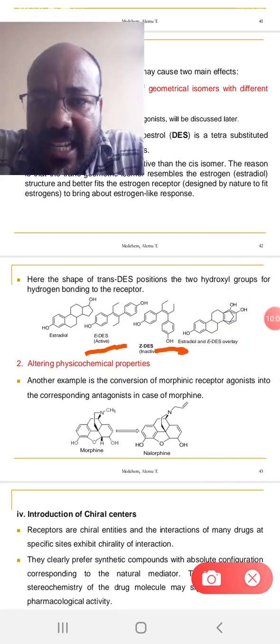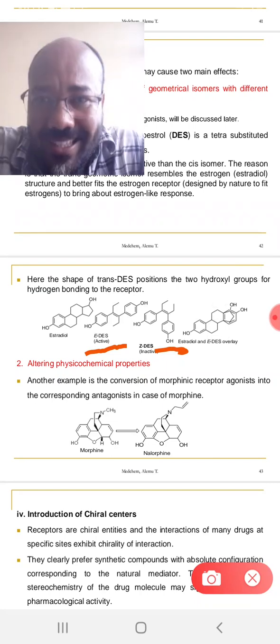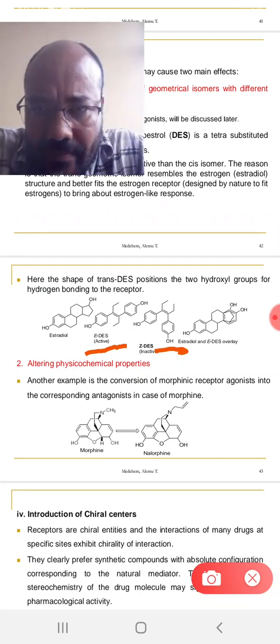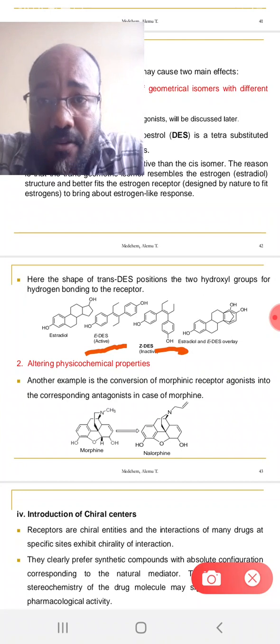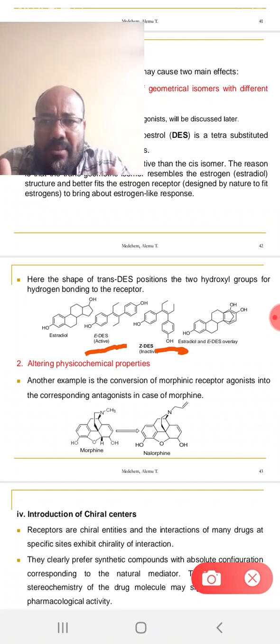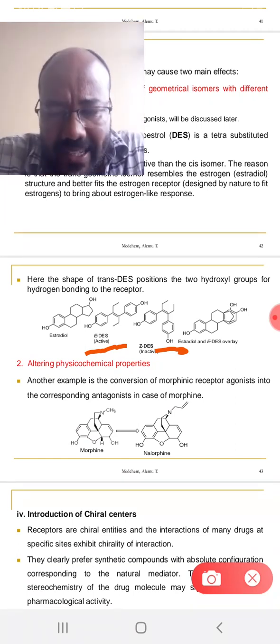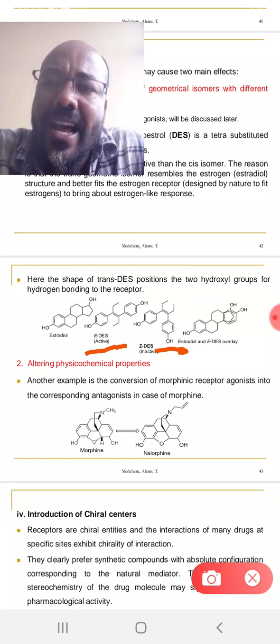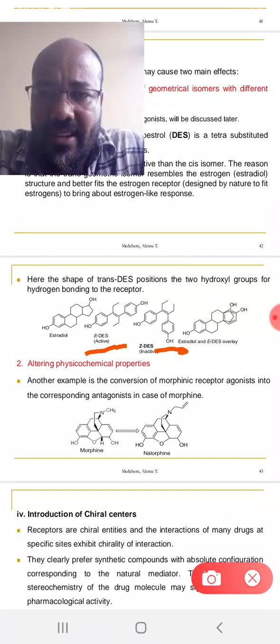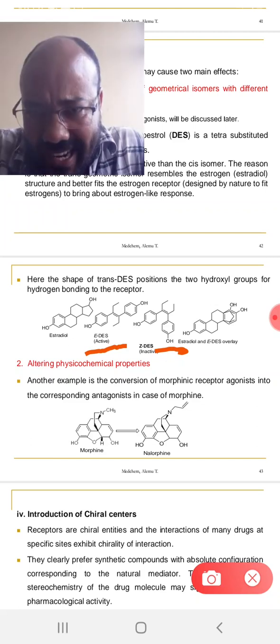The trans is active, potent. It has activity because of orientation. Therefore, introduction of a double bond produces new activity, better activity.